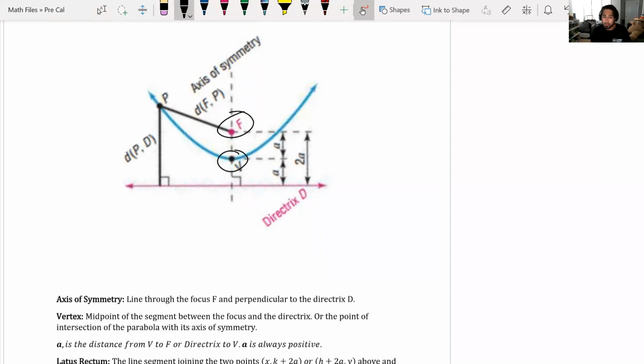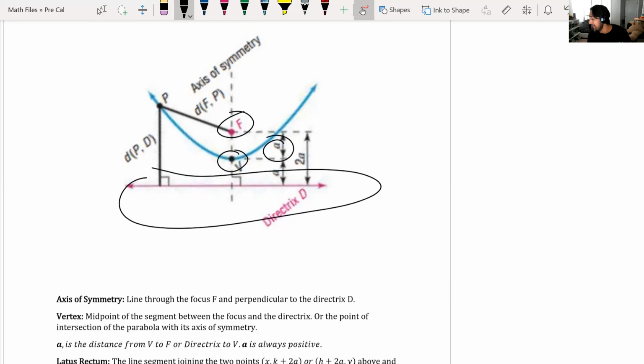Okay. Another component is something called the directrix. What is the directrix's purpose in life? Nothing. It is just a fixed line to help you find the distance from the vertex to the focus and help you find that special value of a. A represents the distance, so listen closely.